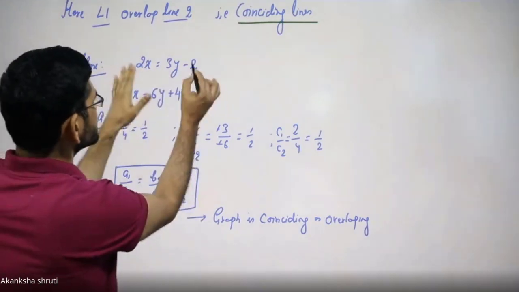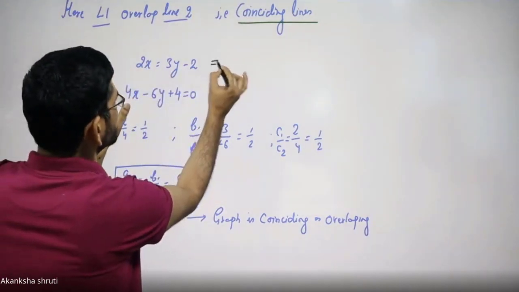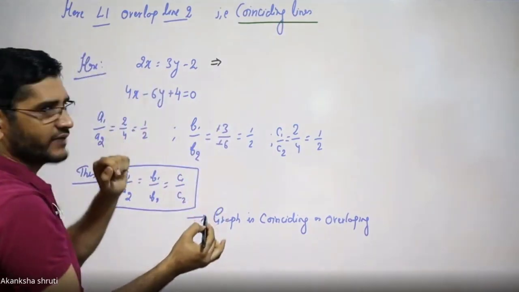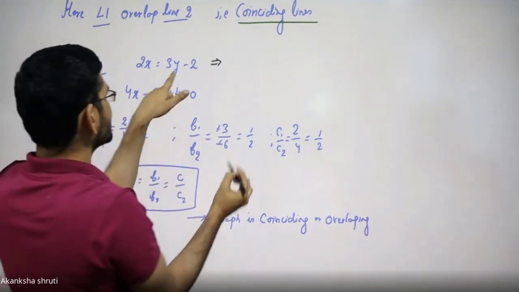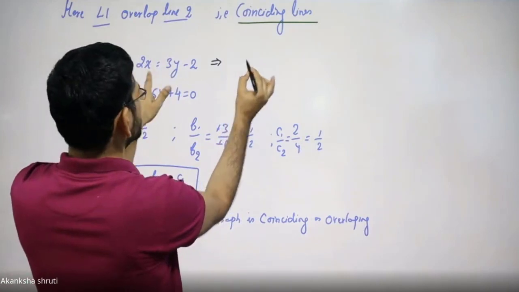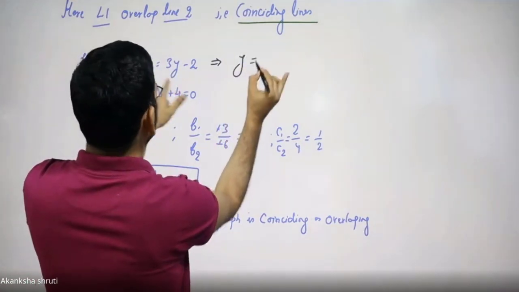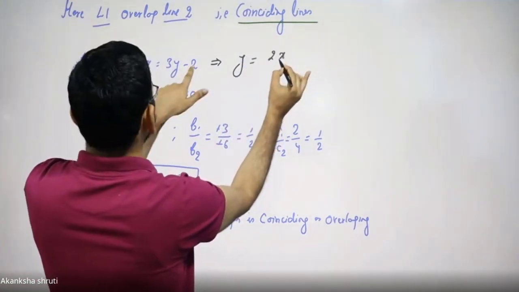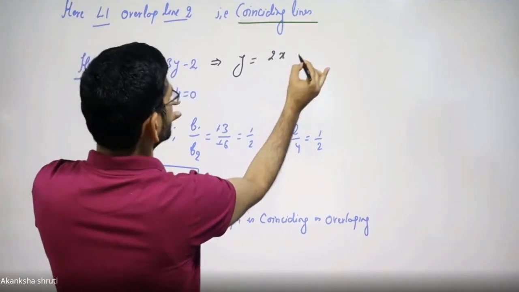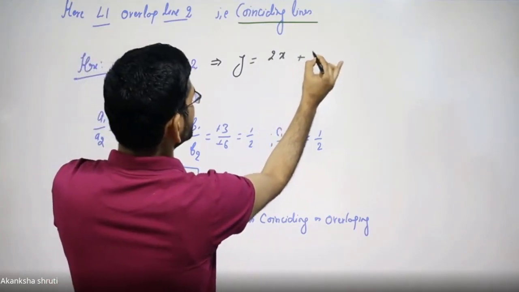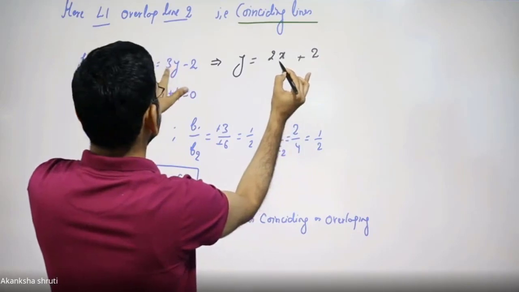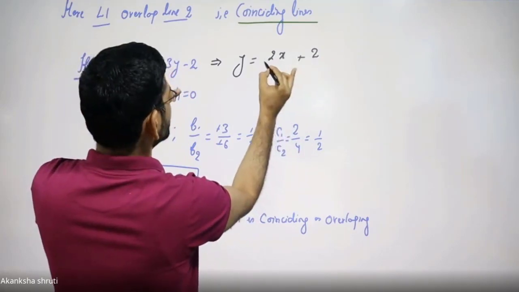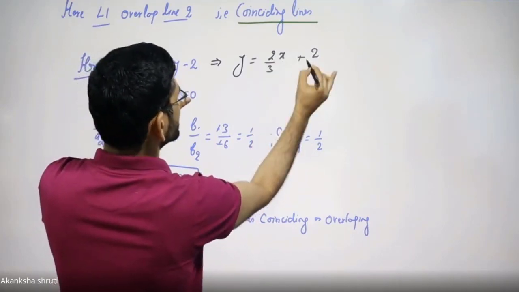Student, from these two given equations, consider the first equation. Let us find the value of y. What will be y? Bring this 2x as it is. So y will be equal to, bring this 2 on this side, plus 2, with the coefficient of y in the denominator of these two.